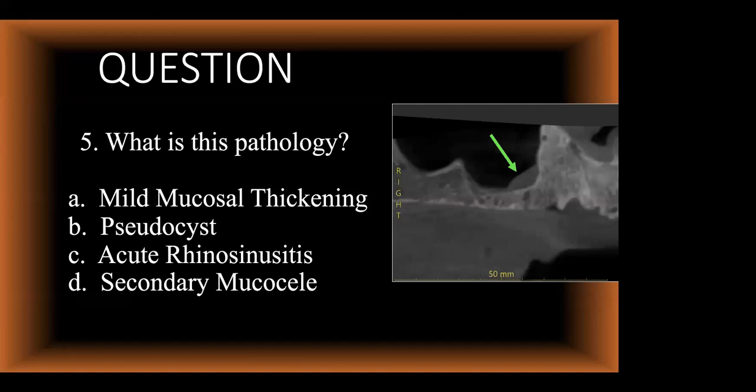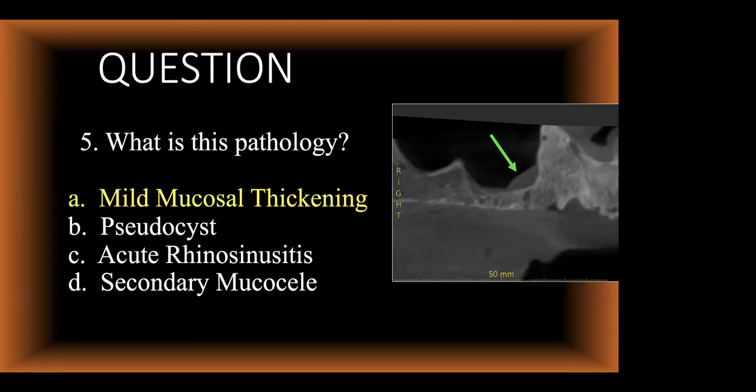And our answer is A, mild mucosal thickening. So let's do a differential diagnosis on this. Let's go through these one at a time. First, let's talk about B. It could be a pseudocyst. A pseudocyst is usually on the floor, which this is, but it's usually a unilocular area that's associated more with teeth.